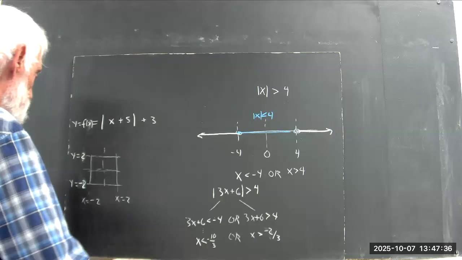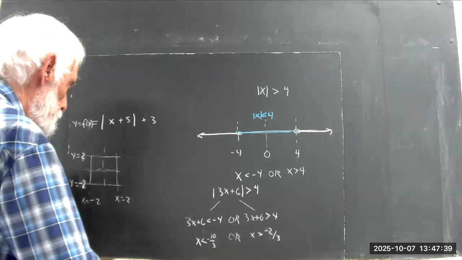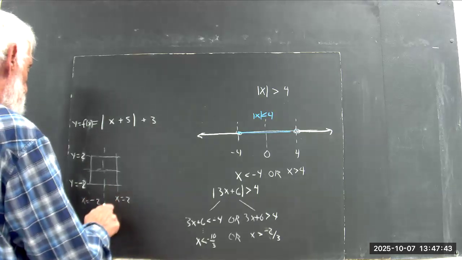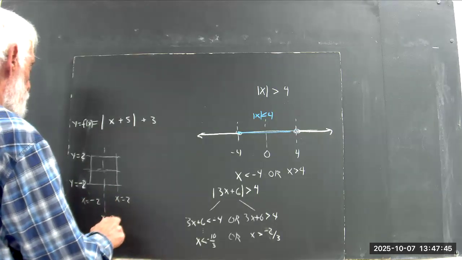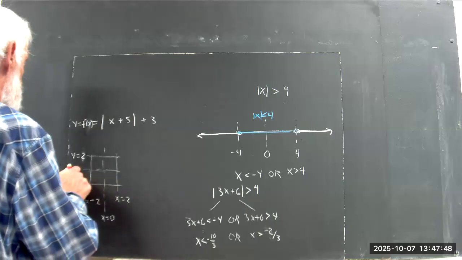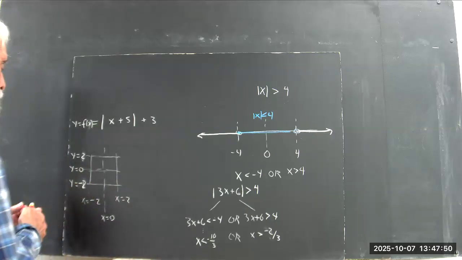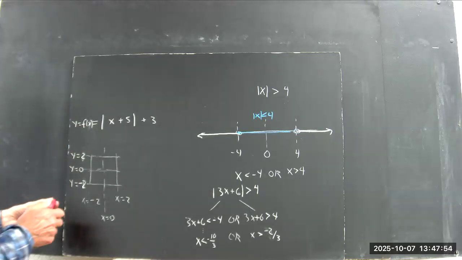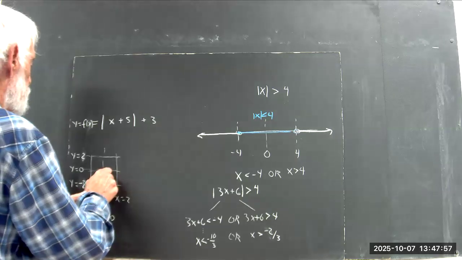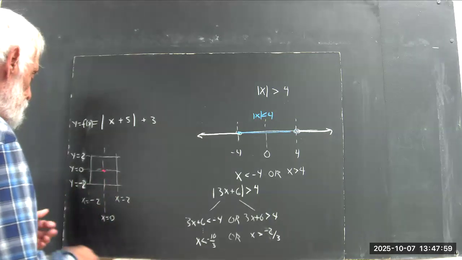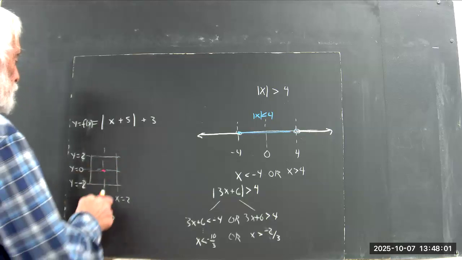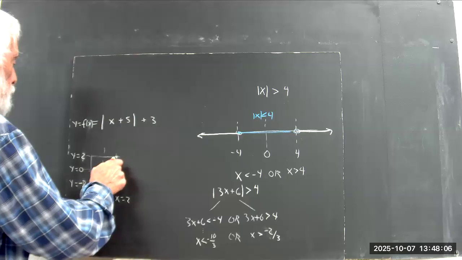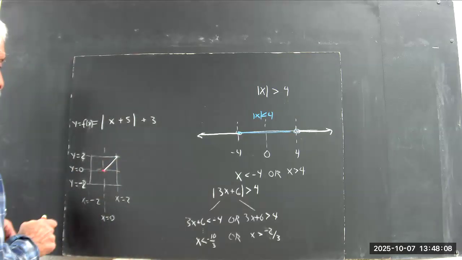We could draw it like this. If x equals 0, then y equals 0. Absolute value of 0 is 0. So we'd have a point here, and that's going to be our red dot. If x is 2, the absolute value of x is 2, so we have x equals 2, y equals 2. So we have this point, and we just do a straight line.